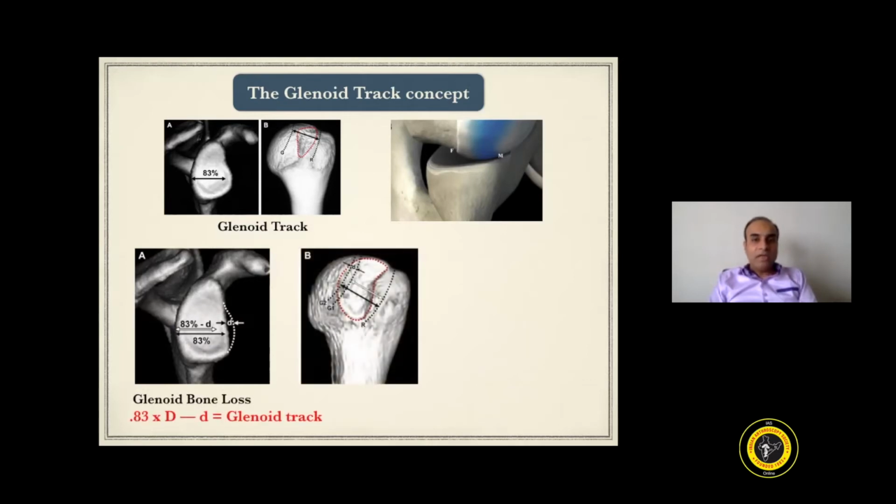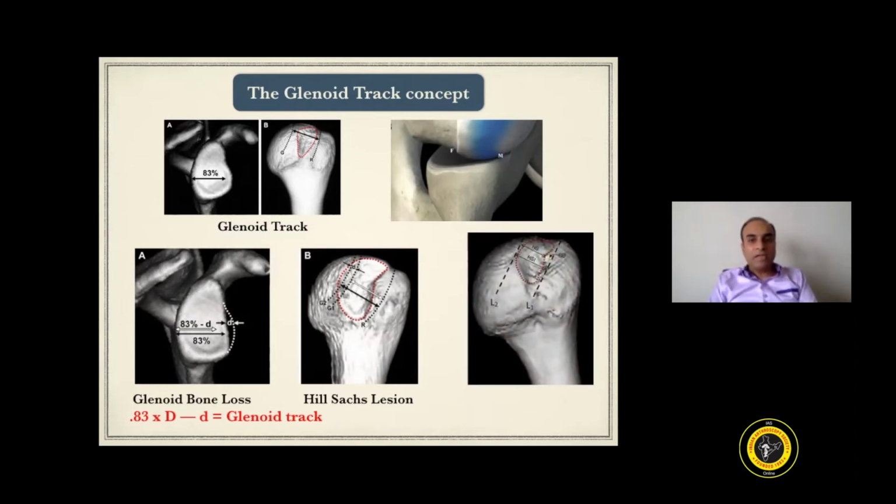On the other hand, there is something called the Hill-Sachs interval, which needs to be calculated on a Hill-Sachs lesion. What is the Hill-Sachs interval? If you look at the last picture, the rotator cuff tends to insert on the humeral head on this line called L1. Then there is a small bony bridge, which is marked as BB, between the rotator cuff insertion and the lateral end of your Hill-Sachs lesion.